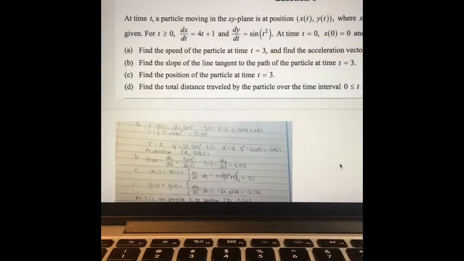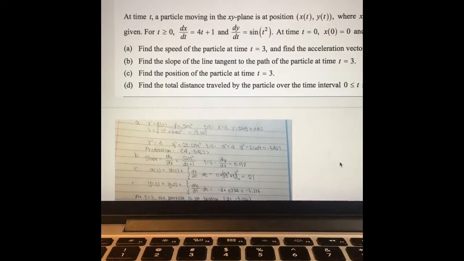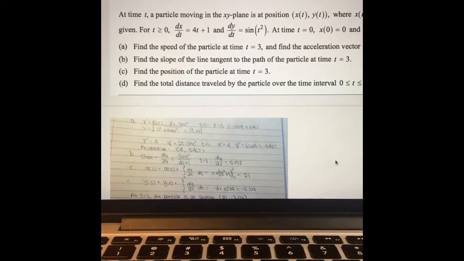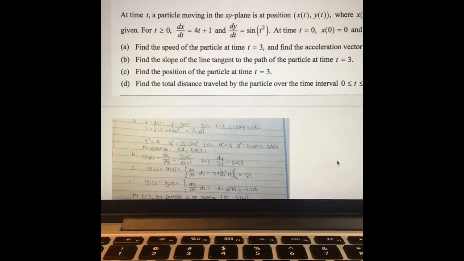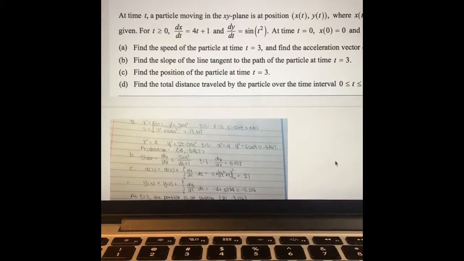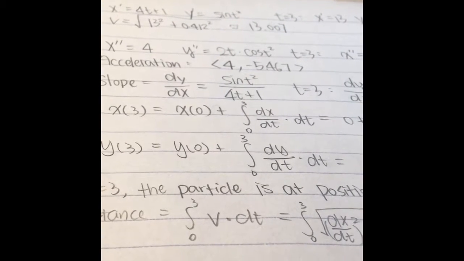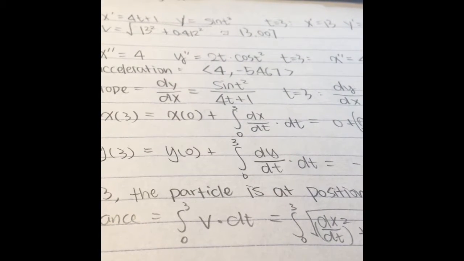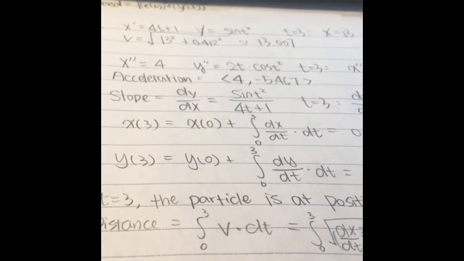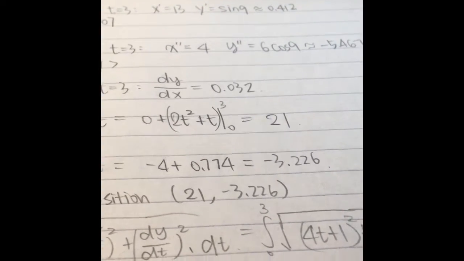In C, it asks the position of the particle at t equals 3. To find the position, we need to know the x coordinate and y coordinate of that point. So x at 3 equals x0 plus the integral from 0 to 3 of dx/dt times dt, and we plug the numbers in, we'll get 21.